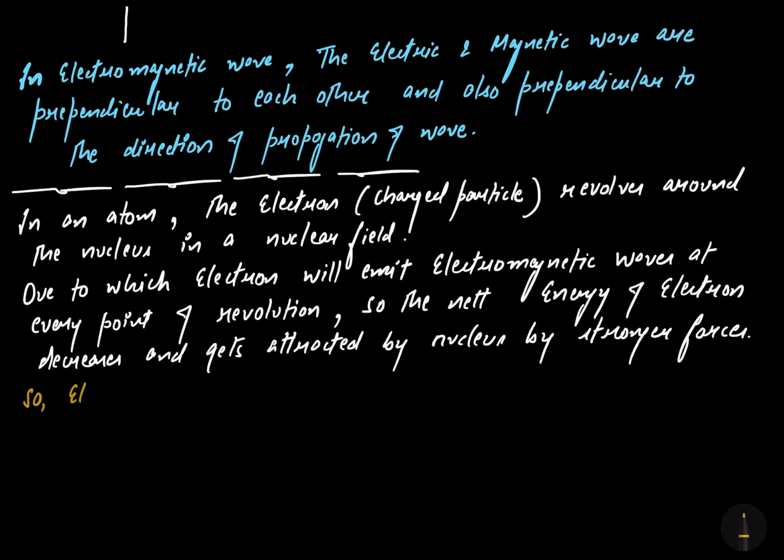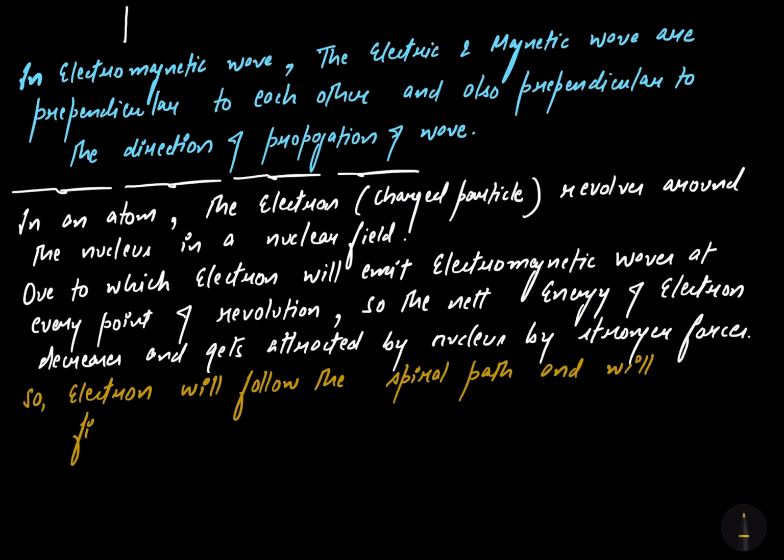So the electron will follow the spiral path, and will finally collapse on the nucleus.